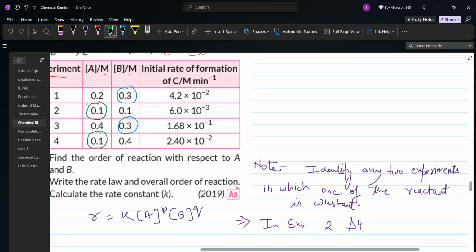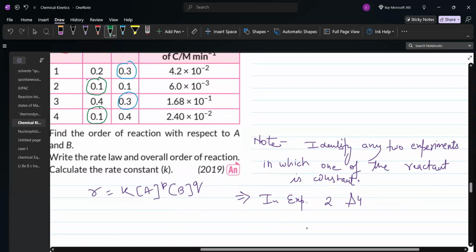The concentration of B is equal in these two experiments, 0.3 and 0.3, right? So which one should I pick first? Shall I pick 2 and 4 first, where the concentration of A is equal? Shall I proceed with this? Yes, sir. So let's take this green one.